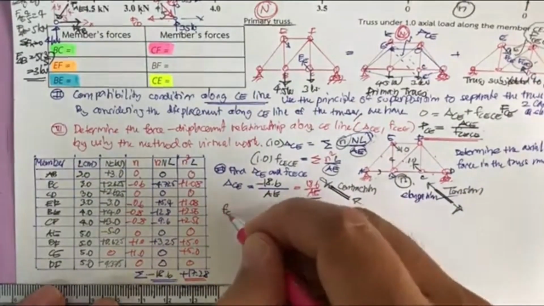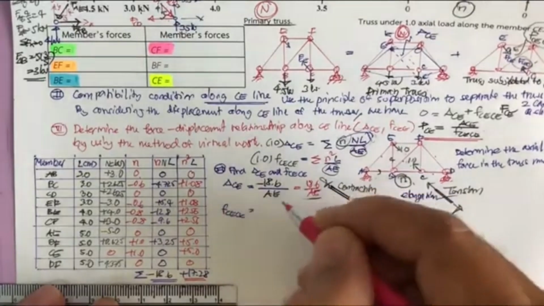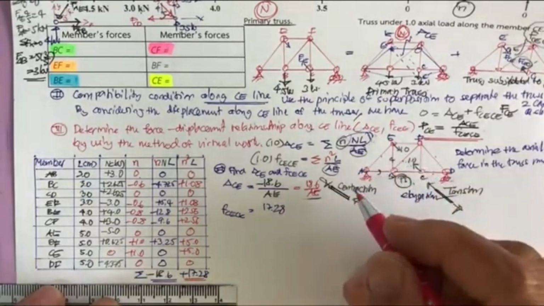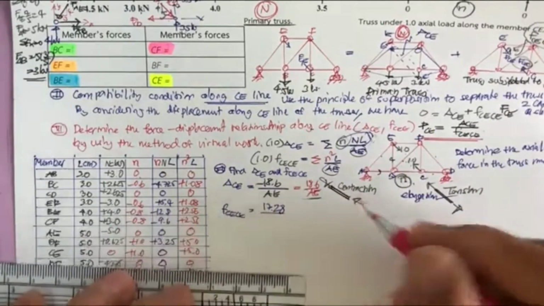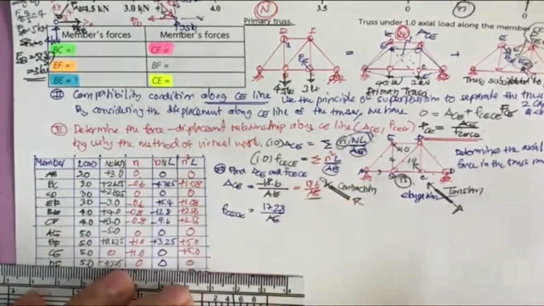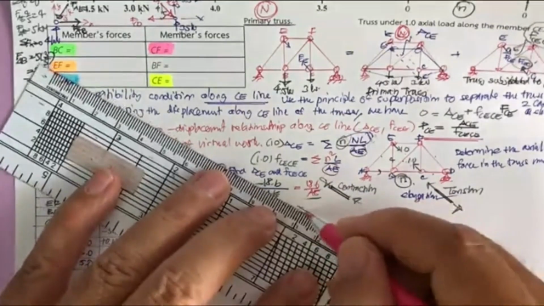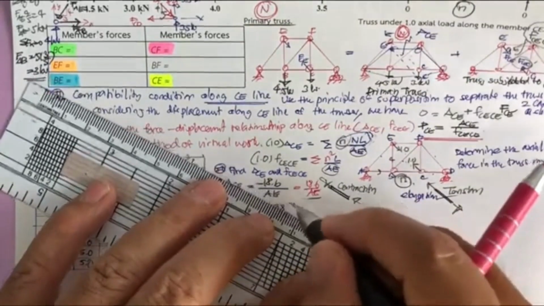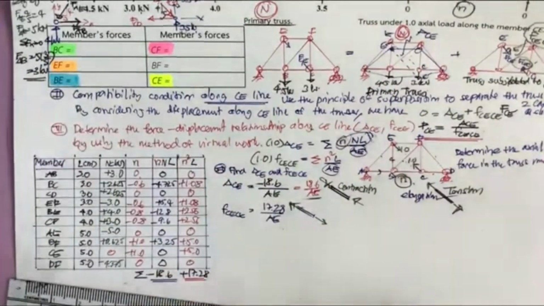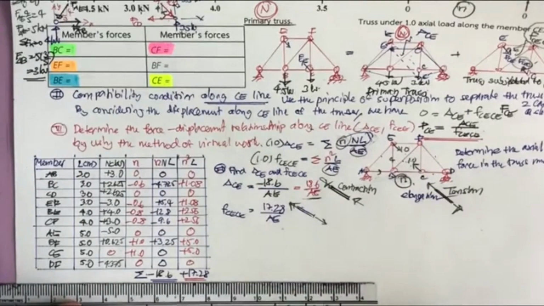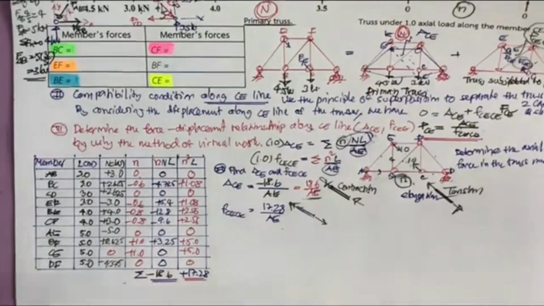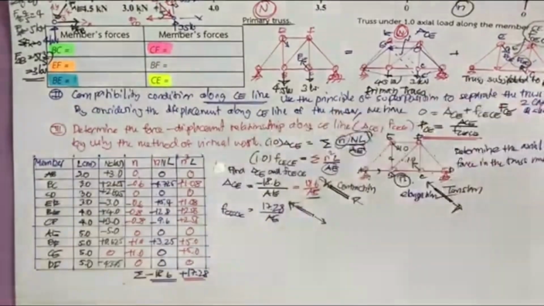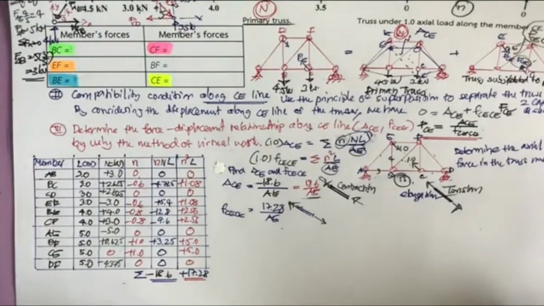So our F sub CE is going to be 17.28, and then divided by AE, and this is going to be positive, so this one is going to be elongation.